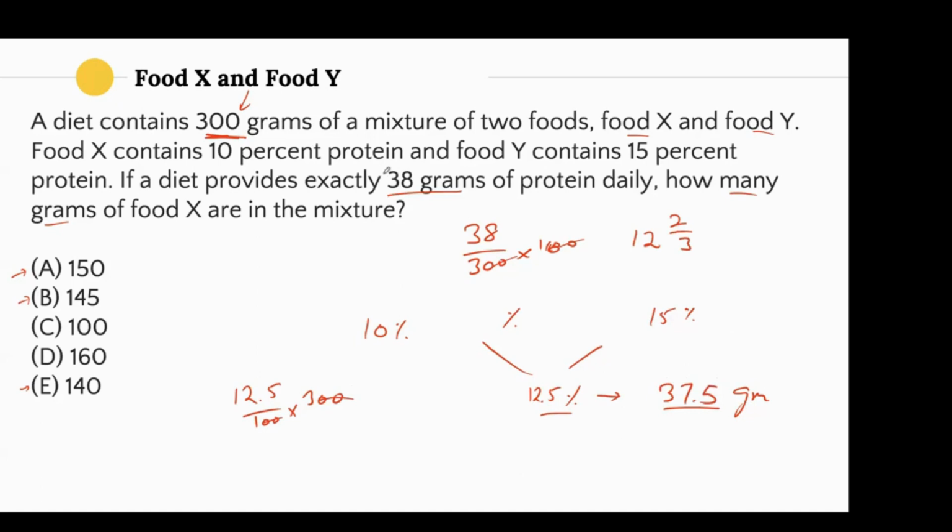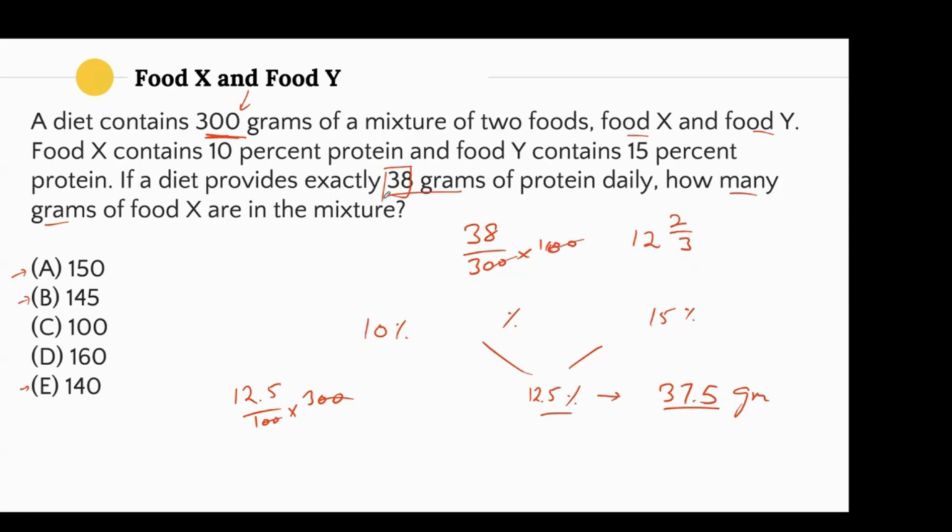Now, in our case, actually, we have 38 grams. Yes. Had they both been mixed equally, then the protein in the overall mixture would have been 37.5 grams. In our case, the protein is slightly more. So two things.